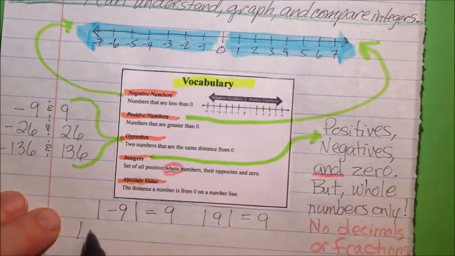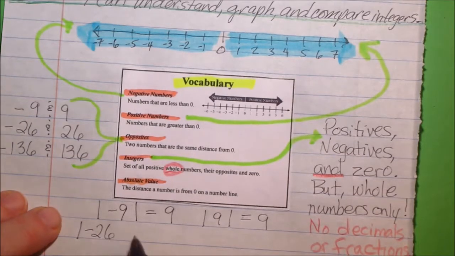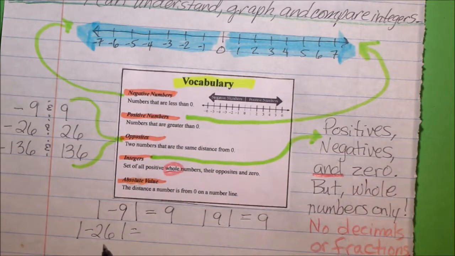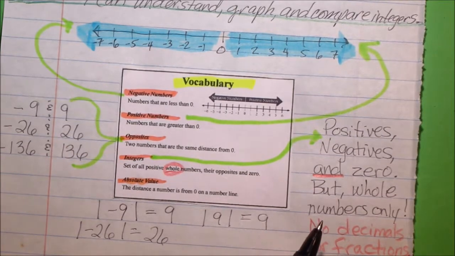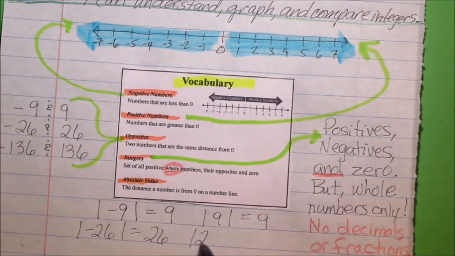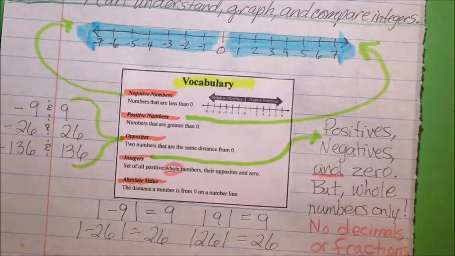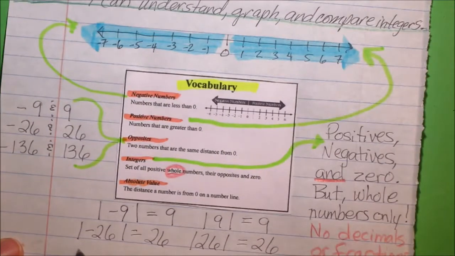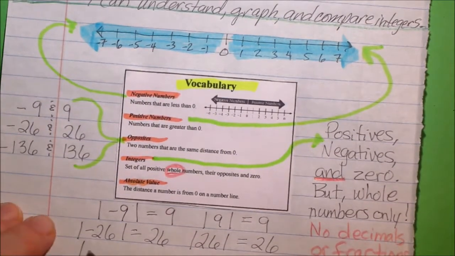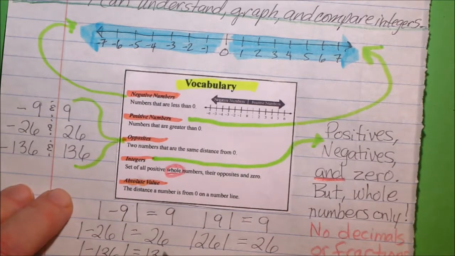So absolute value bar, -26. What's the absolute value of -26? Simply 26. What's the absolute value of 26? Simply 26. Right? That's how those work. Doesn't matter what the number is. The absolute value of -136 is 136.